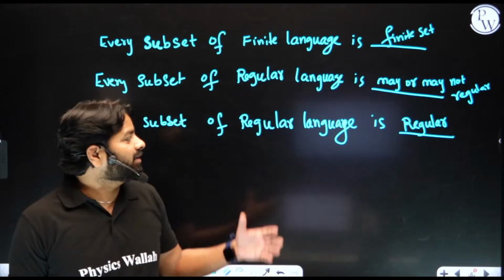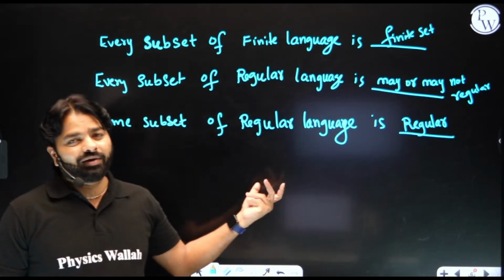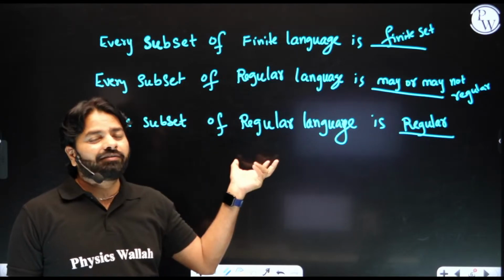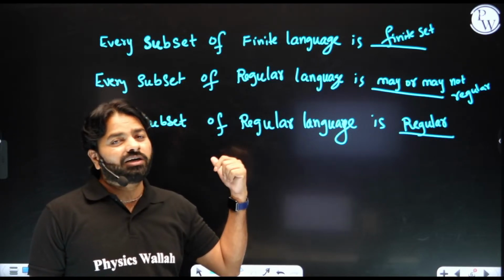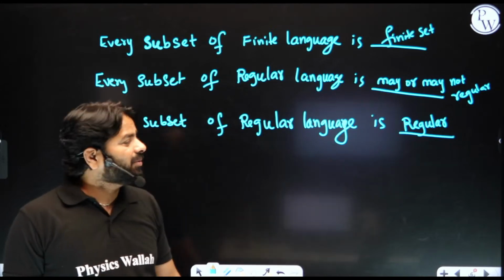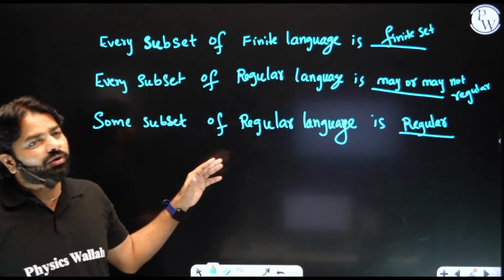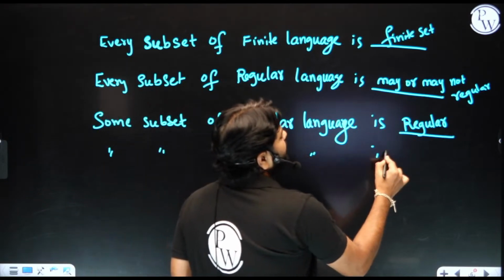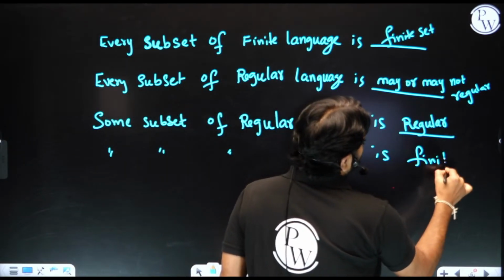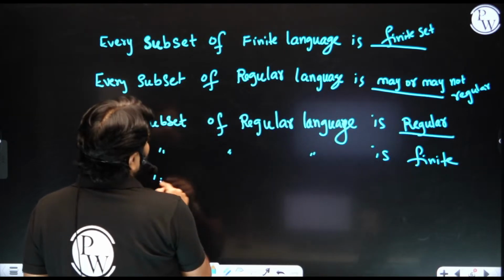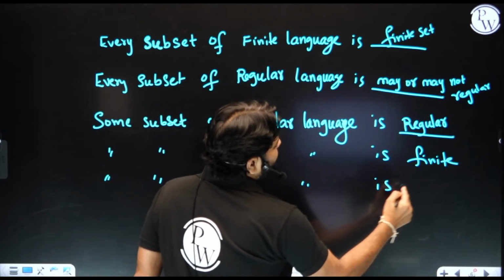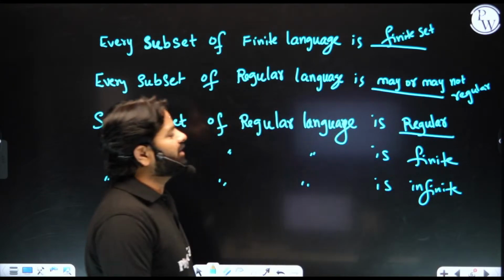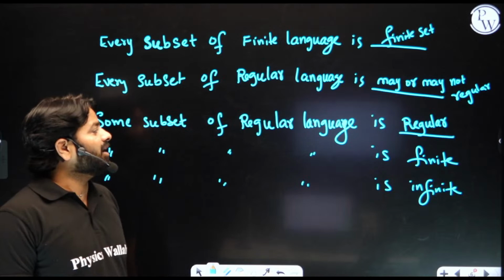But some subset of regular need not be non-regular, because if you take a finite language, a subset of it is impossible to be non-regular. So you need to understand in what way you can write. Some subset of regular is even finite, some subset of regular is infinite.